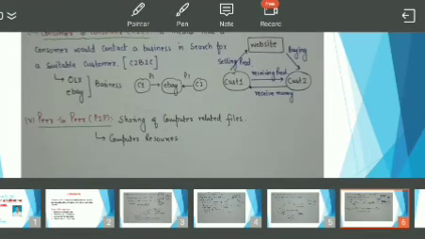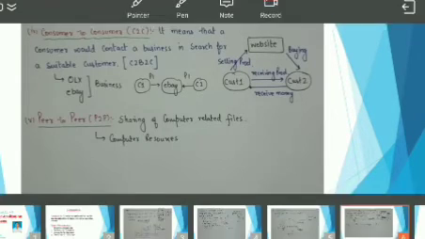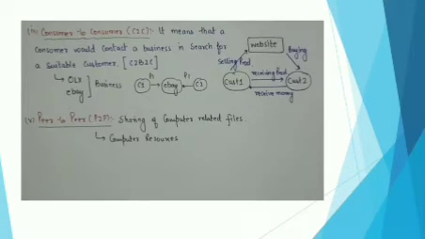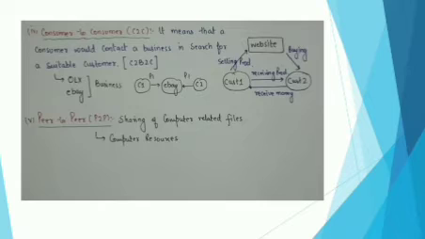Customer 1 wants to sell their products with the help of the internet. Customer 1 posts the product information on websites. Customer 2 requires the products posted by customer 1. Customer 2 reviews the product information on websites.